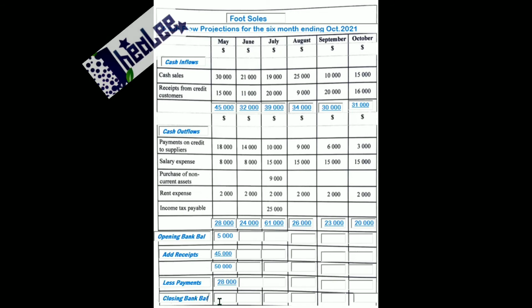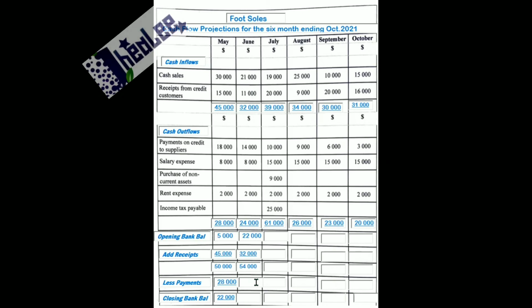and that value is $22,000. This closing bank balance becomes the opening bank balance for the next month, which is June. So that's 22,000. To that 22,000, we're going to add the receipts of 32,000, and that gives us a value of $54,000.